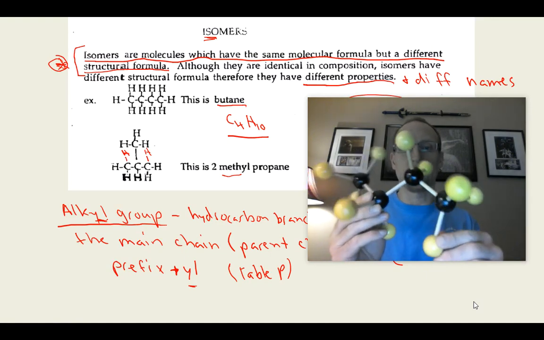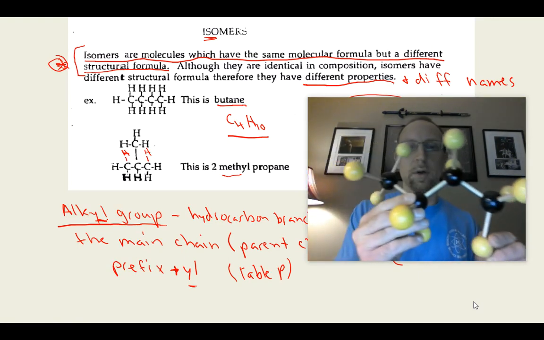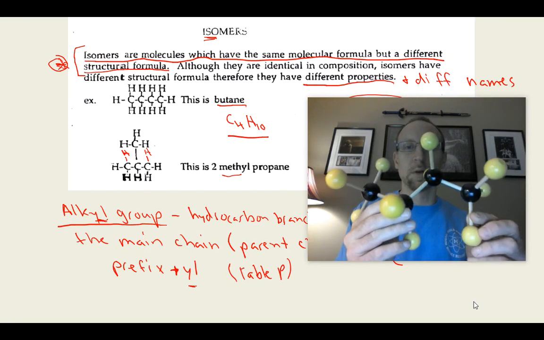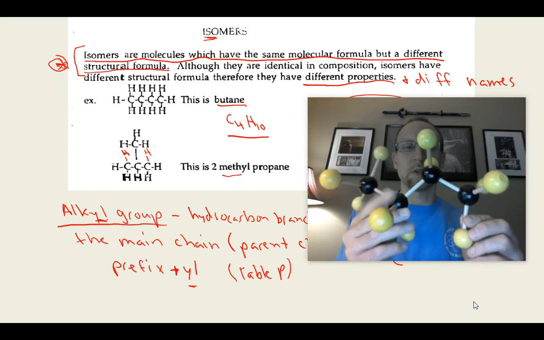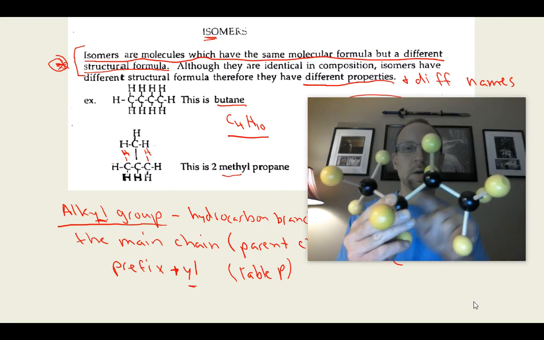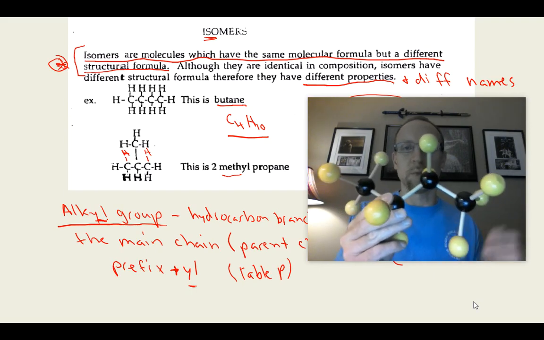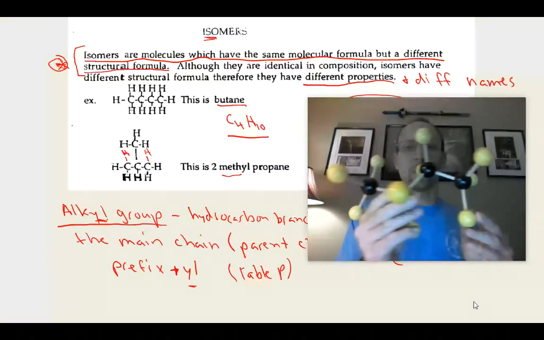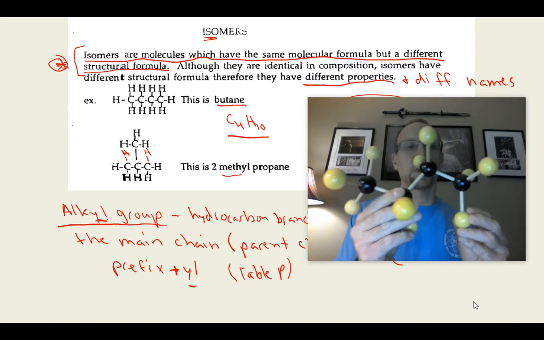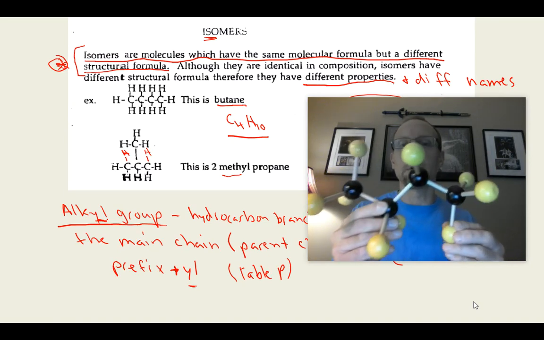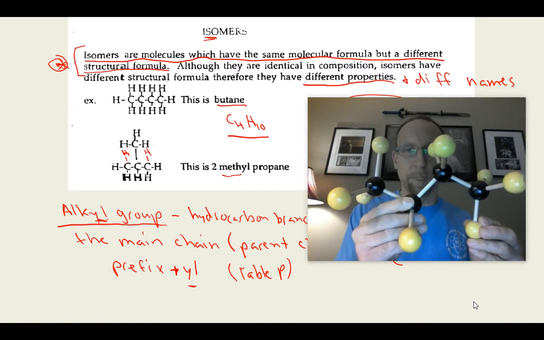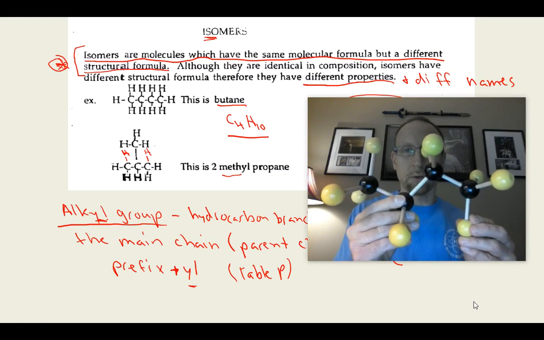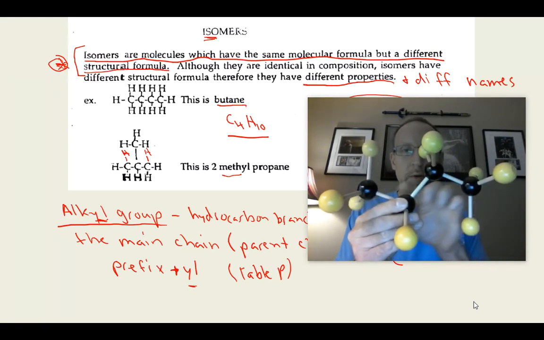It's got our 4 carbons, our 10 hydrogens, and that's butane. It's straight chain, as straight as it gets here, right? So if we were in class, we'd be able to use these and play around with these and really help understand this concept, but we'll do the best that we can here, right? So this is butane.